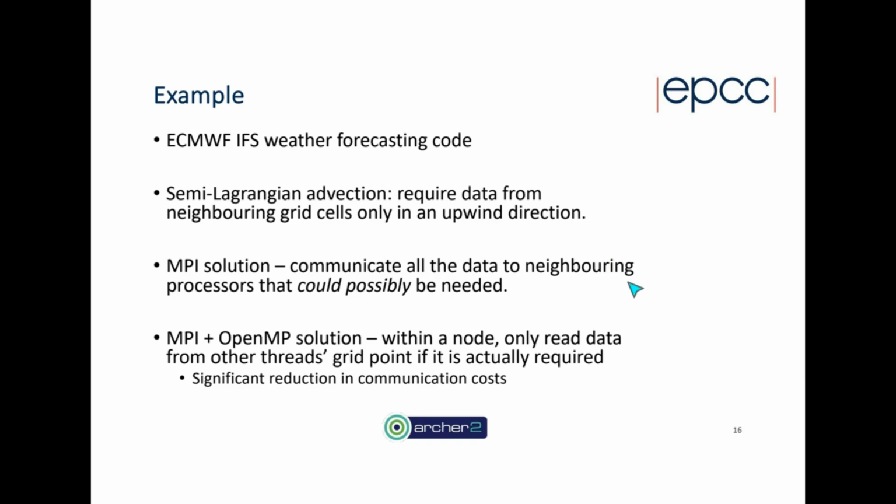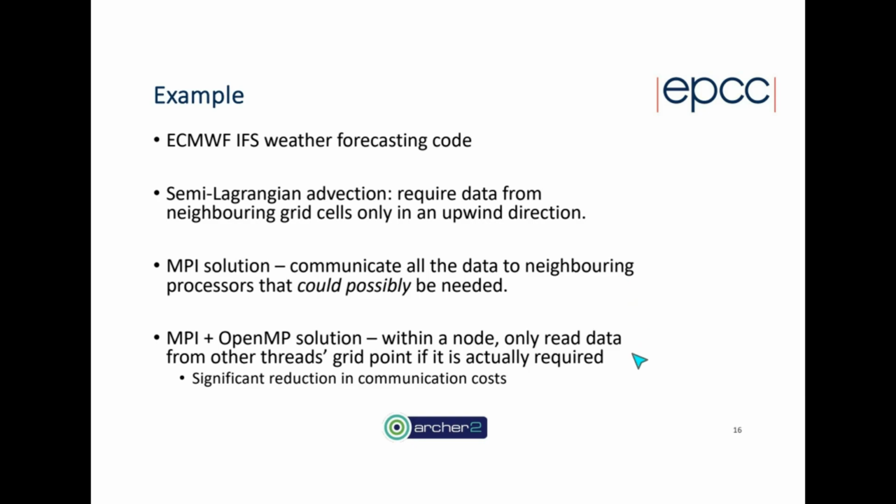So to implement this in MPI, you have this problem: you don't know what the wind field is on your neighboring processes. You could communicate that, but then that would just cause you extra communication anyway. So the MPI solution is that you communicate all the data to the neighboring process that could possibly be needed, for whatever wind fields they might have at the current time.